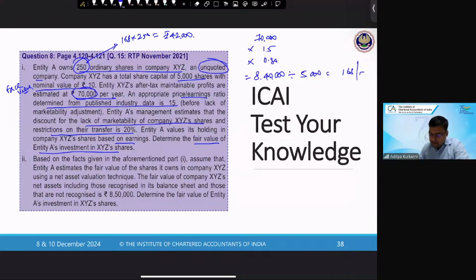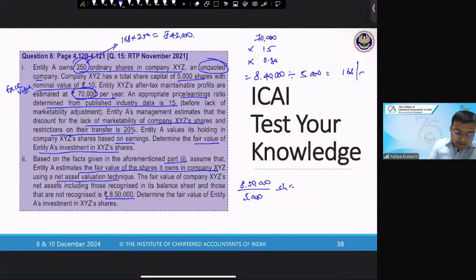Based on the facts given in the above part, assume that A estimates the fair value of the shares it owns using a net asset valuation technique. The fair value of company XYZ's net assets, including those recognized in the balance sheet and those that are not recognized, is rupees 8,50,000. So 8,50,000 is the valuation for 5,000 shares.